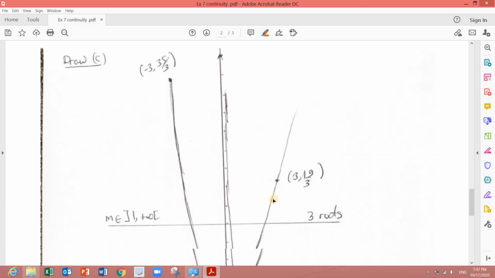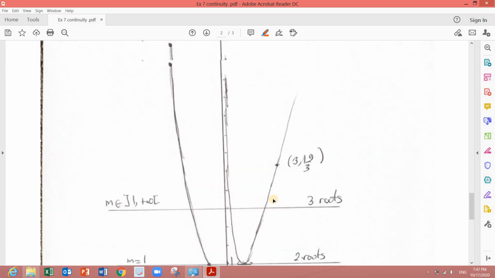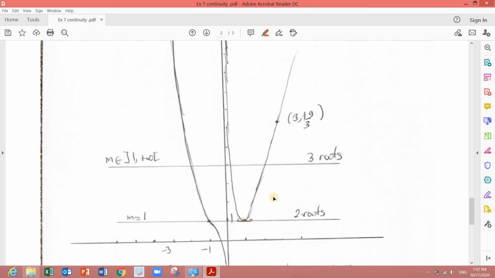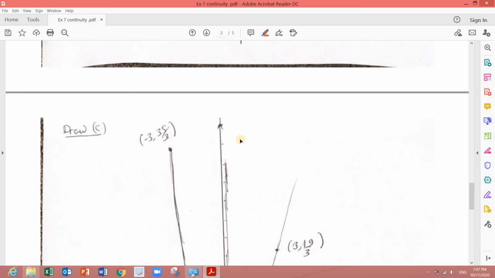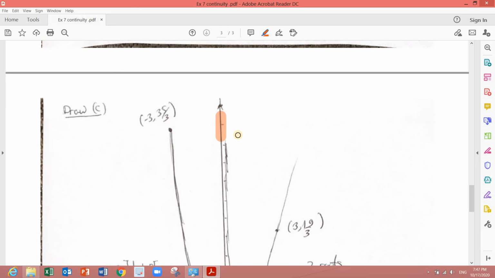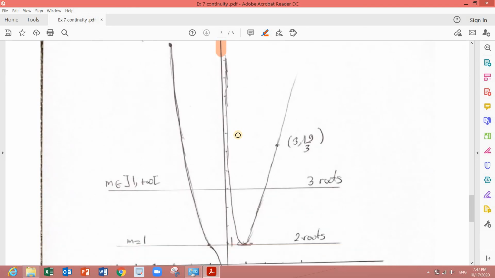Now, the last part, or before the last part, we are going to draw C. To draw C, we have x equals 0, which is the y-axis, which is the vertical asymptote. This is x equal to 0, vertical asymptote. We don't have any other asymptote.